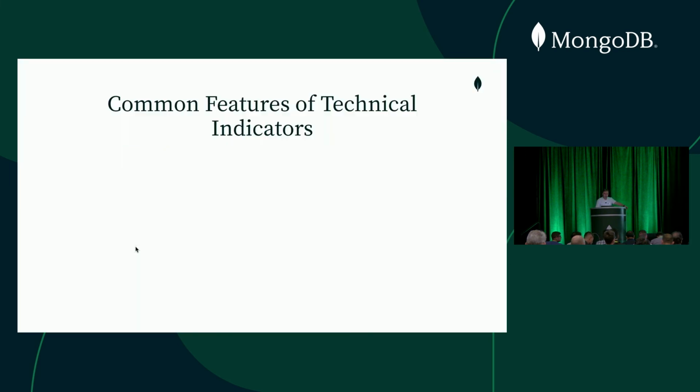All right. So there were some details, mathematical formulas. Maybe it's kind of boring for a while. So I just want you to think about the common features of these technical indicators. I actually provided 5 technical indicators here, and there are dozens of technical indicators available.